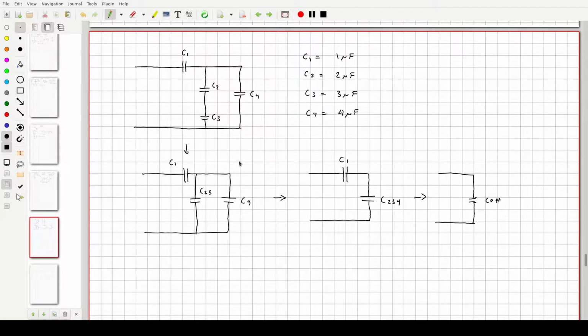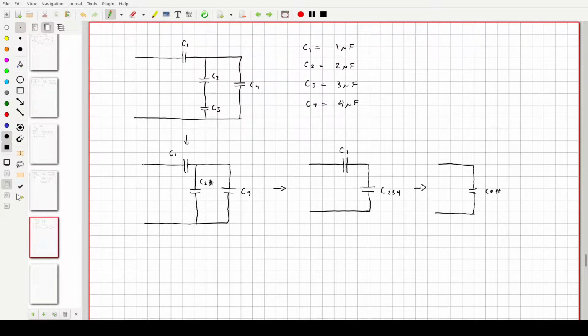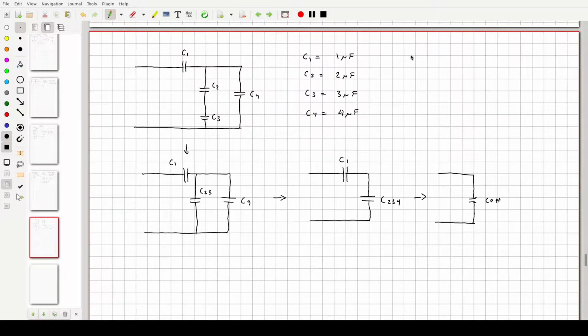So let's start with Step 1. Step 1 is taking C2 and C3 and adding them together to give us C23. Now, C23 here, since they're in series with each other, is going to be 1 over C2 plus 1 over C3.